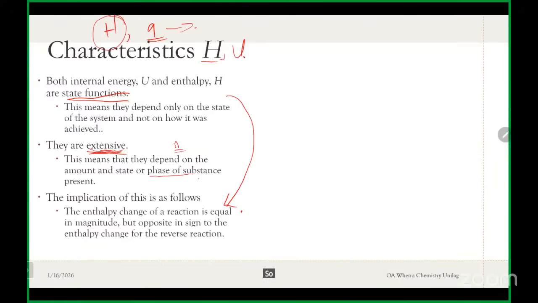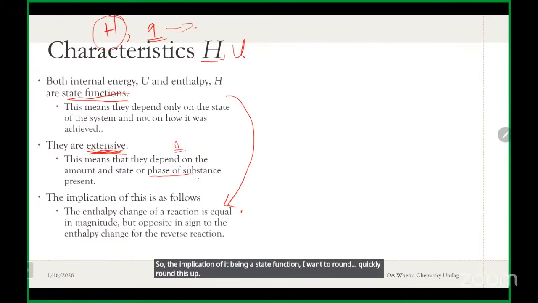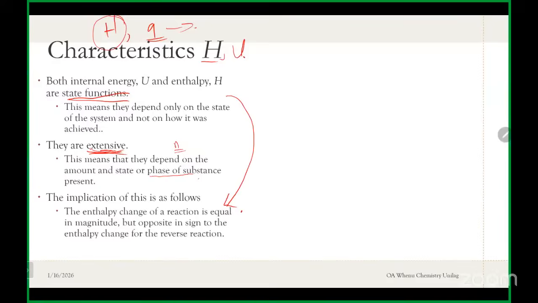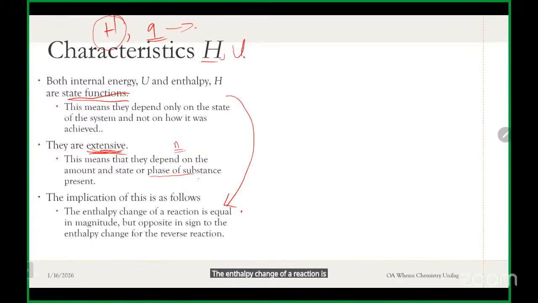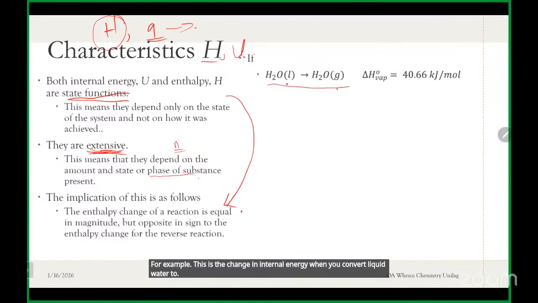So the implication of it being a state function, I want to quickly round this up, because we still have a lot to cover and another lecturer is going to come in soon. The enthalpy change of a reaction is equal in magnitude but opposite in sign when you reverse the reaction. For example, this is the change in internal energy when you convert liquid water to gas, which is steam.